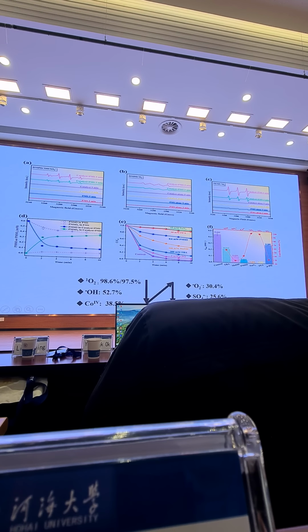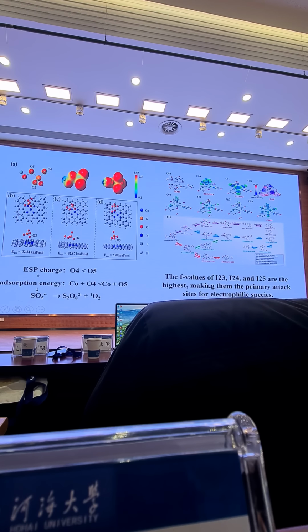So basically each of the results you can see from here, related with control and all the others. This portion is where we look into the various situations and look at how we can primarily attack the site for the electronic species.